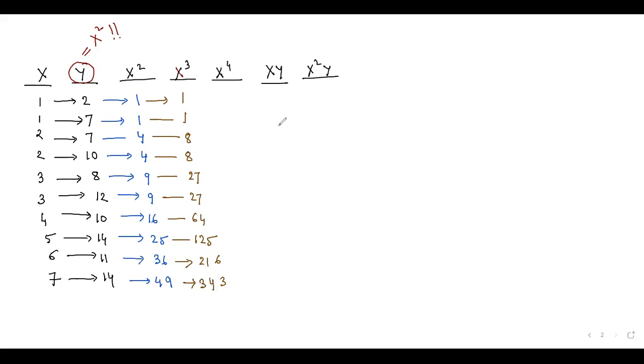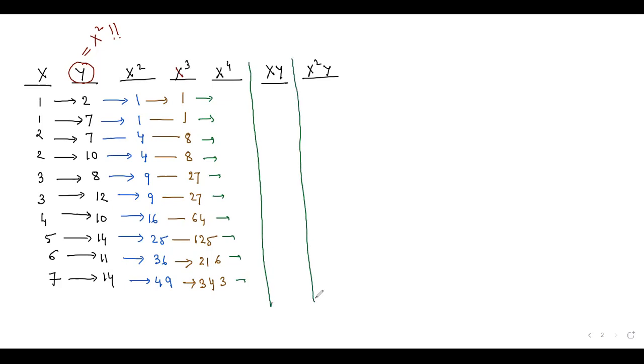Similarly, I'm going to leave the remaining calculation for you to do. You try to find out all the values, x to the power 4, xy, x squared y, and then you can find the summation of these columns.